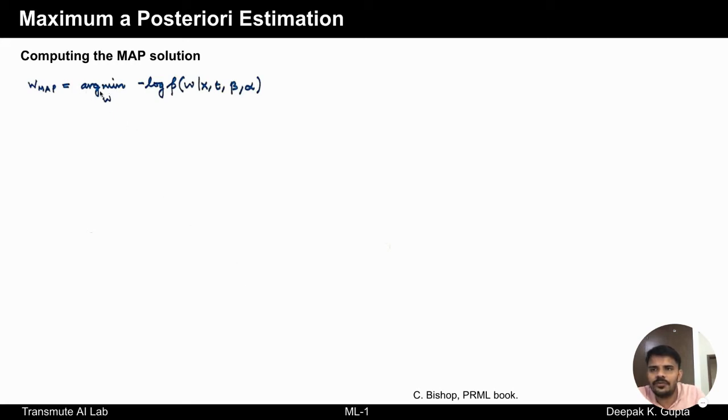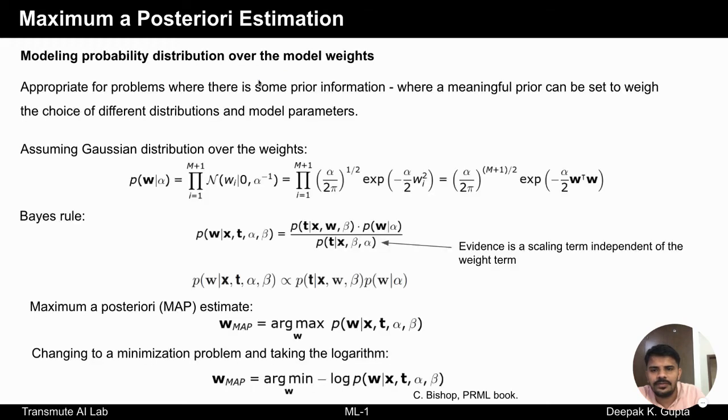We want to identify the values of w for which this function is minimized, so we put it like this. Let me go back and explain how this term comes in. We have these two terms, and if we are going to minimize the product of these, in the minus log form, it will be minus times log of this.